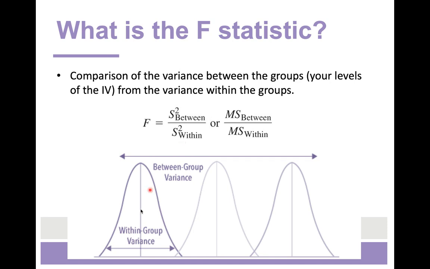Within groups variance is how much people vary who are all in the 0 milligram group, right? So these are all the people over here on the left who got 0 milligrams of the medication. Here's their average of their symptoms, let's say.